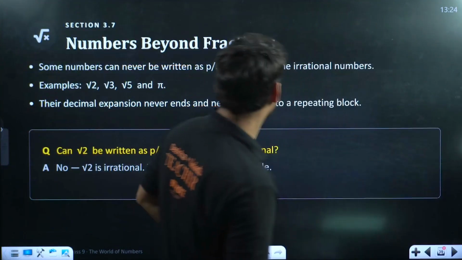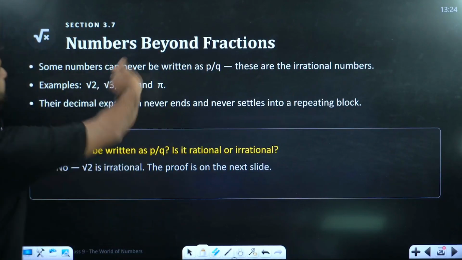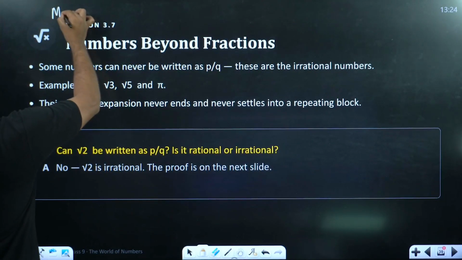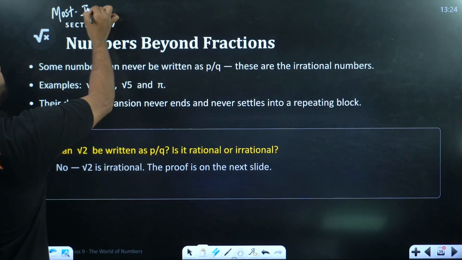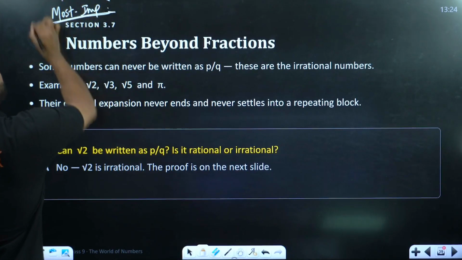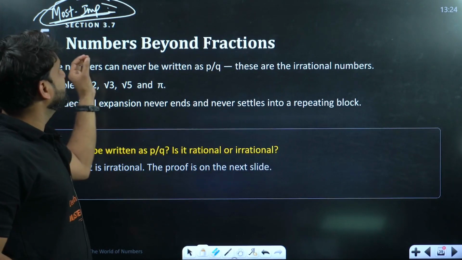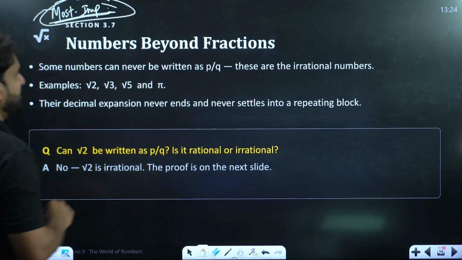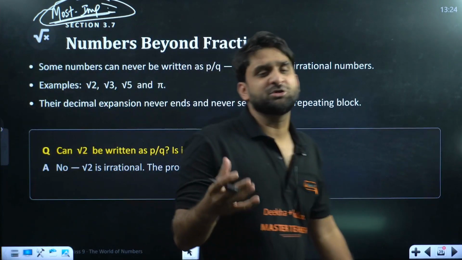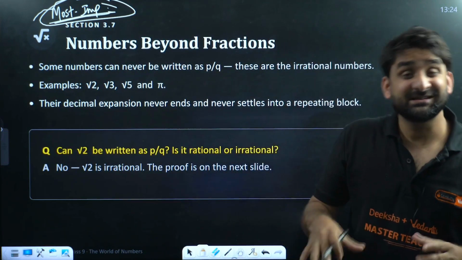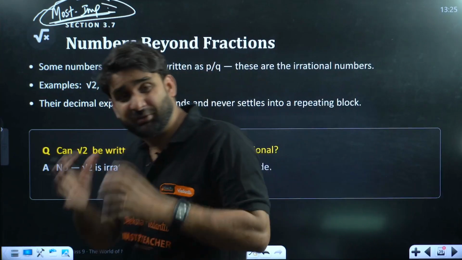Moving ahead. Now the most important question, most important for your exam. This is the topic. Numbers beyond fraction. My dear champions, numbers beyond fraction means what? Numbers except fractions, numbers except rational numbers.